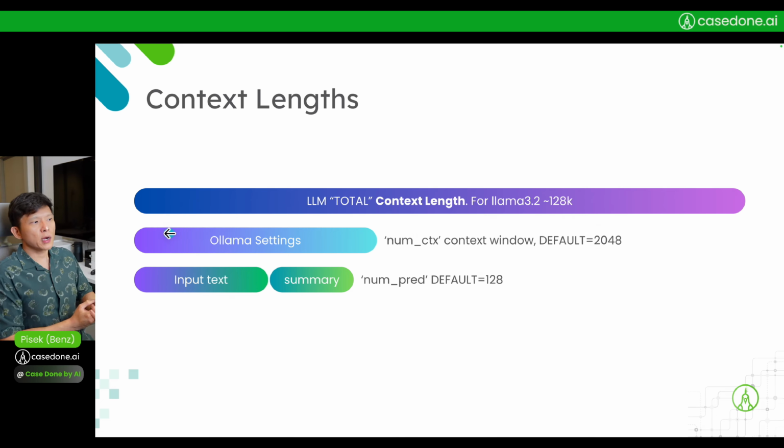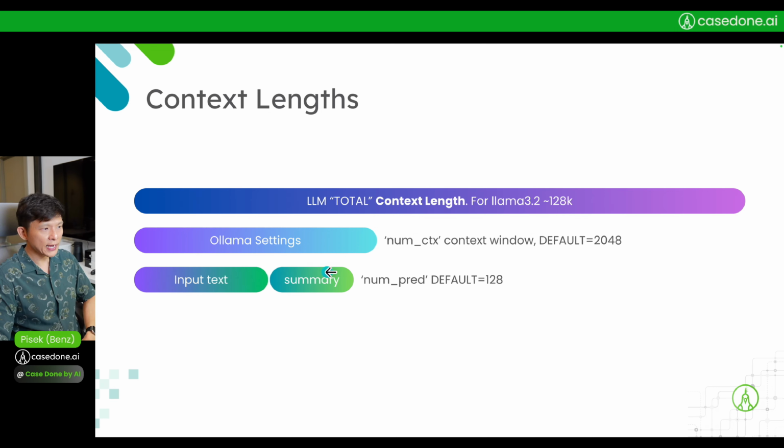So if you want Ollama to summarize a text and you have this small context window, what can happen is that the input text can be larger. But whatever you do in Ollama has to be within this Ollama context window setting.